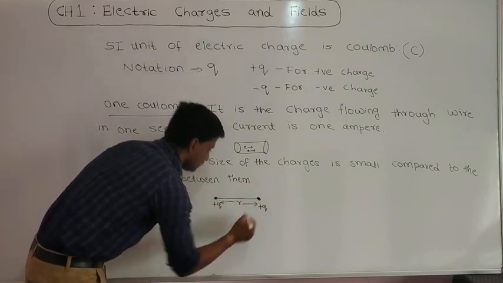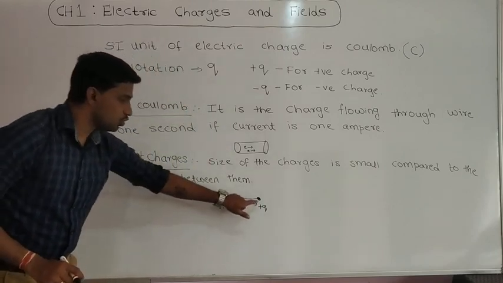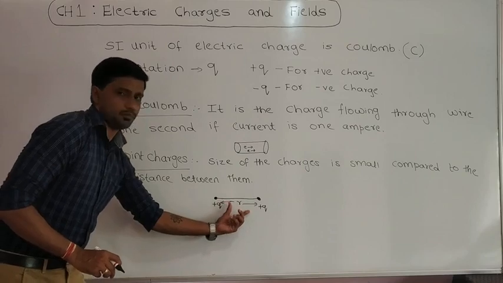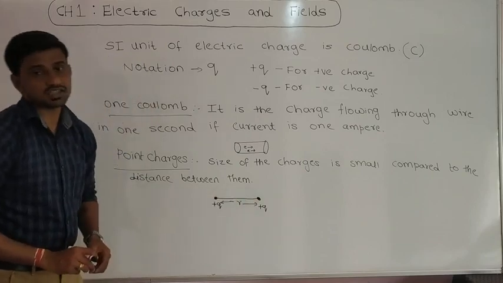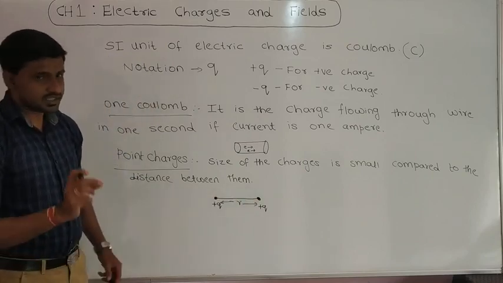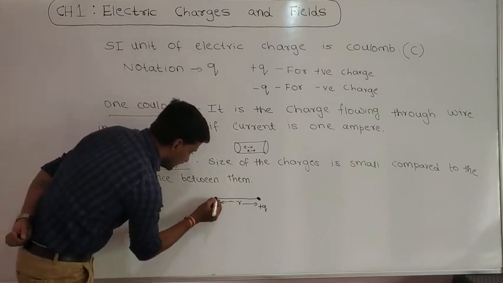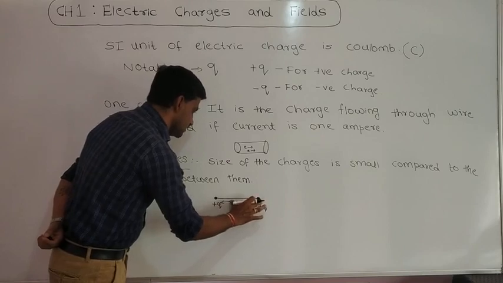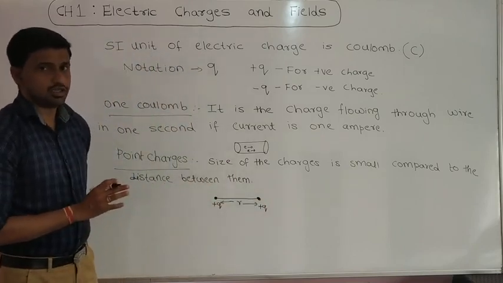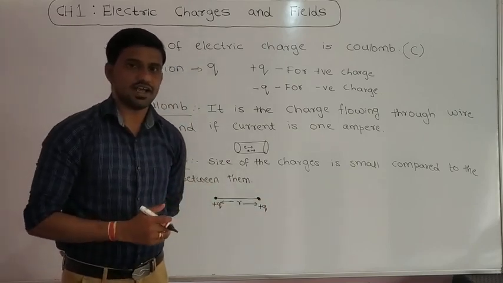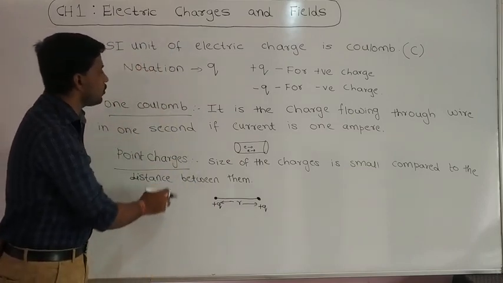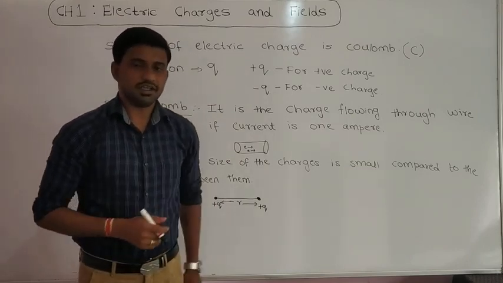If the size of both charges is very small compared to the distance between them, then both charges are considered as point charges. Size is very small means the radius of the charge is very small compared to the distance between the two charges. Then it is considered a point charge. Those are some important points you should remember in this chapter.